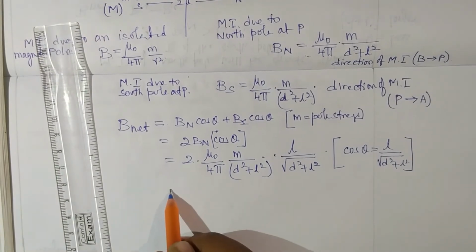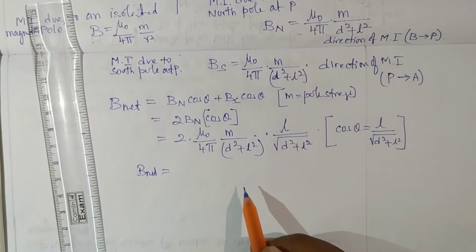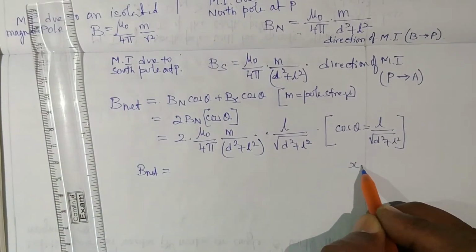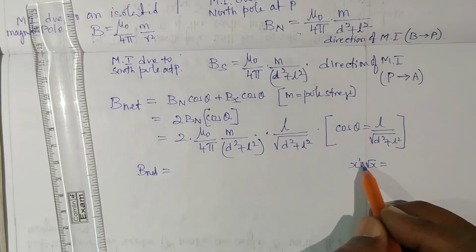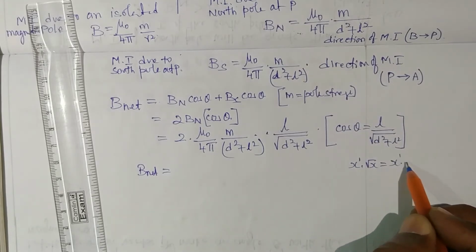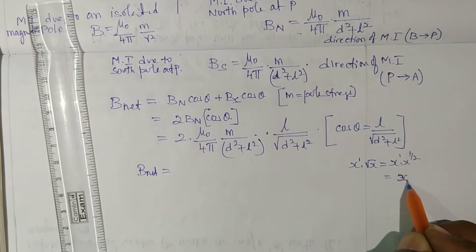Now, in further simplification to get the net magnetic induction, we know x into root x is equal to x power 1 into x power 1 by 2, so it is x power 3 by 2.